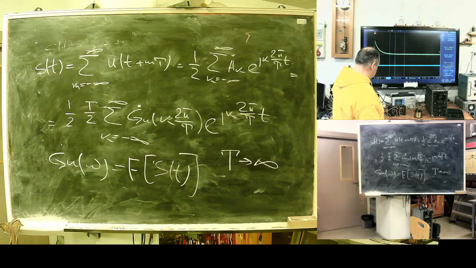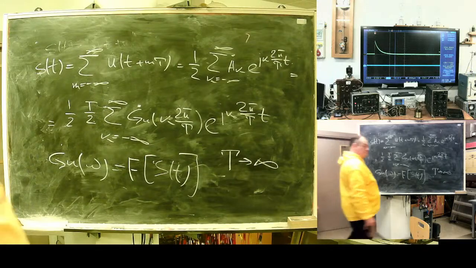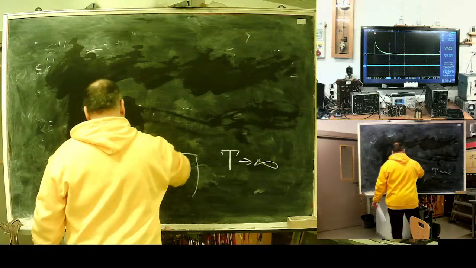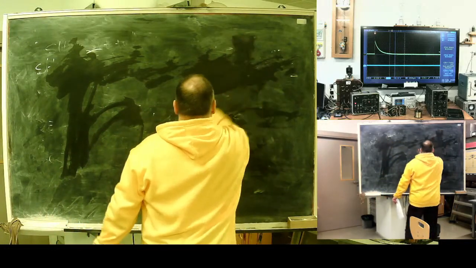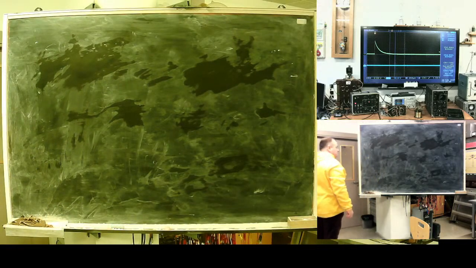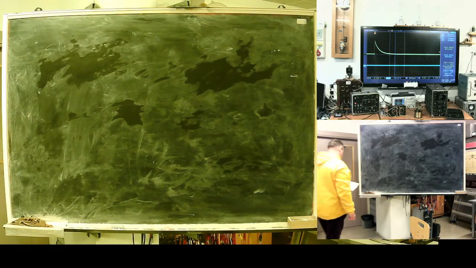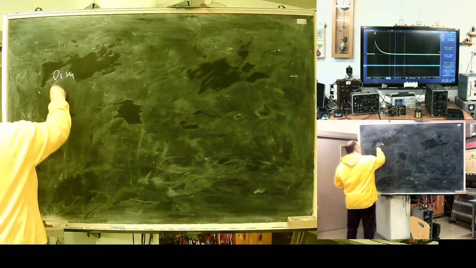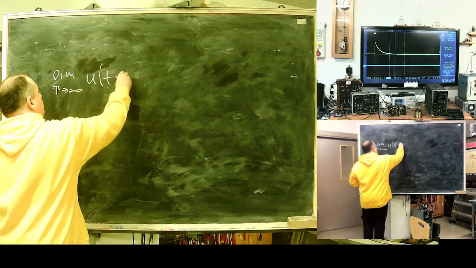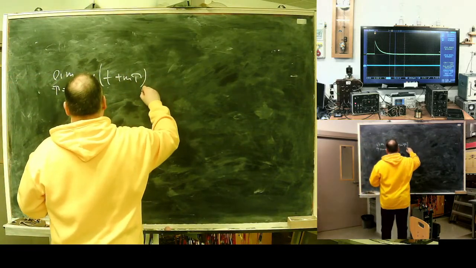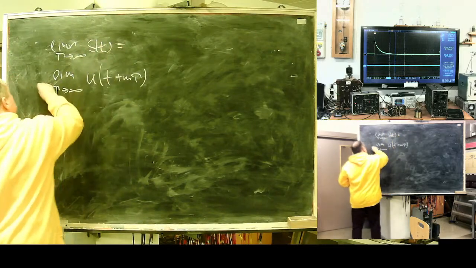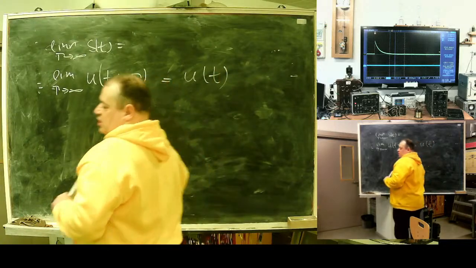The limit where the period goes to infinity of the sum equals my original pulse.